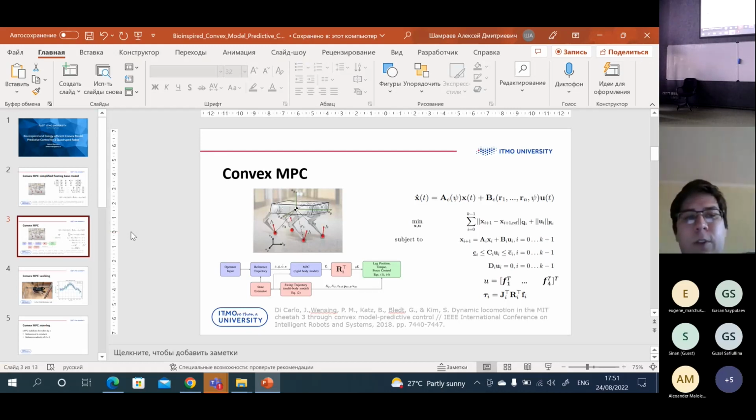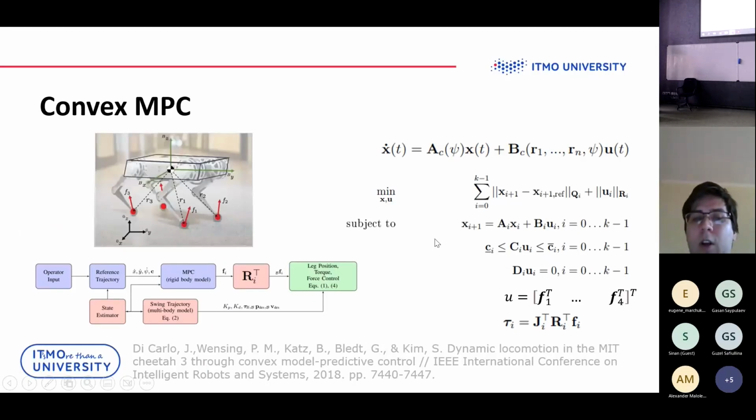Of course, there are some limitations, and this inequality limits the solution, so the robot generates trajectories for the actuators that are not that extreme, and with this we can have stable behavior of the robot.